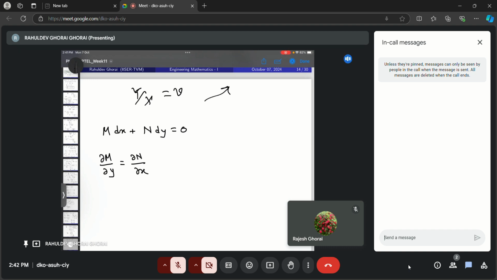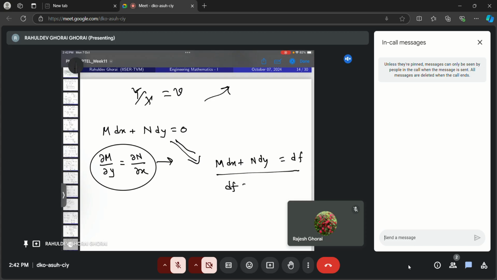If this is so, then the differential equation is exact, and in that case there is a theorem that M dx plus N dy can be written as d of some function f. So if this happens, then df equals 0.